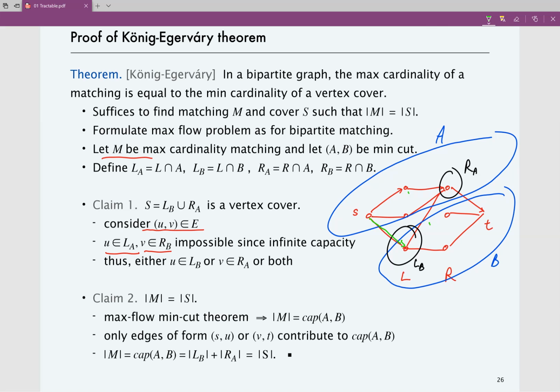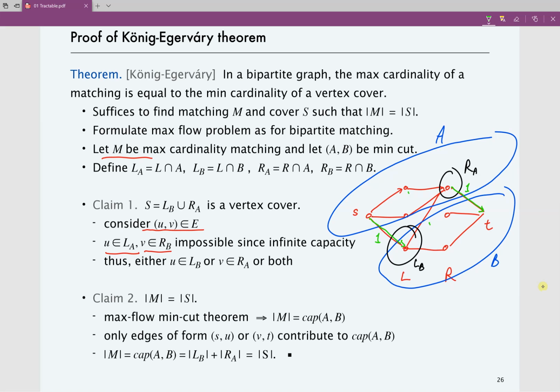In fact, it contributes 1 because we set all these capacities to be 1. Okay, and likewise, if you take a node from the right going to T, for example this edge over here, this is also going to contribute a capacity of 1 to the overall capacity of the cut, okay?